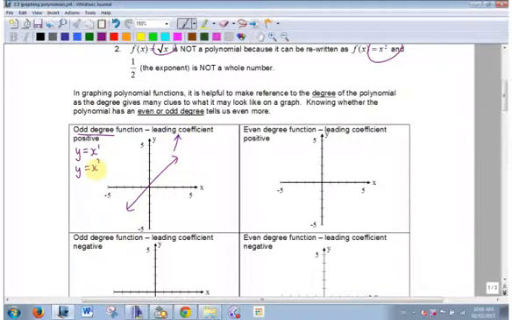Goes up there. If x is a negative, anything, what's a negative times a negative times a negative? It's a negative, right? And the bigger the x is, the bigger negative it is. So it goes down like that. What happens in here? If x is 0, y is 0. So that thing looks like that.